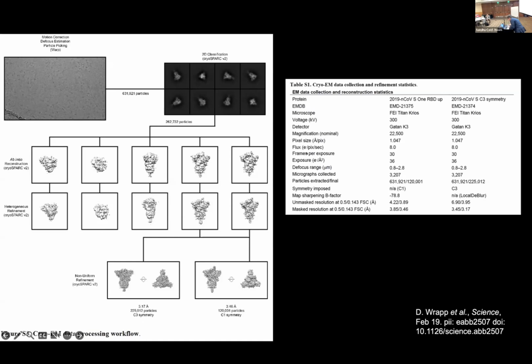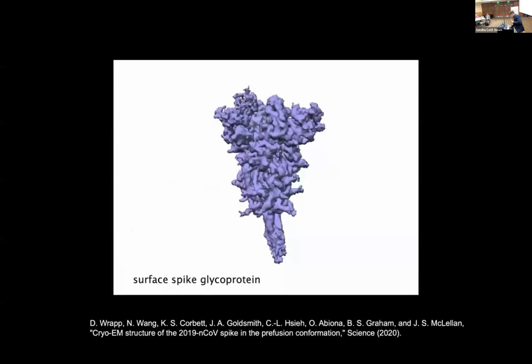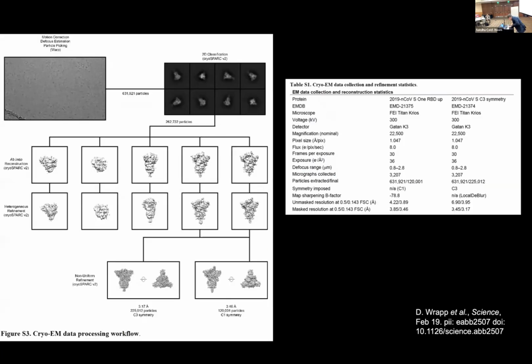So the automated imaging system, you have to take thousands and thousands of these images across the sample. And within those images, the software will help you find 631,032,000 individual particles. And then it will form this structure from it.